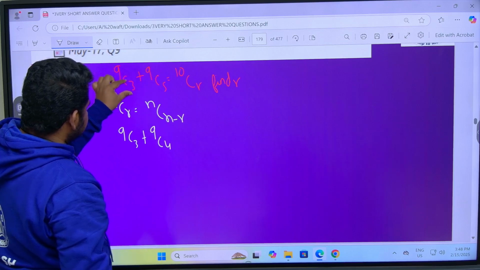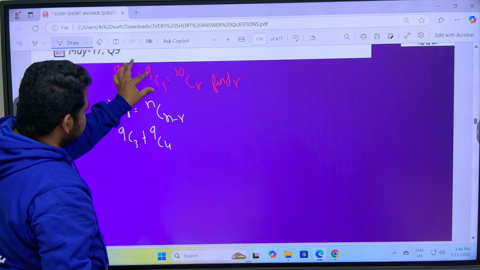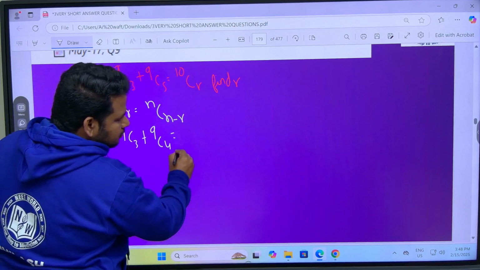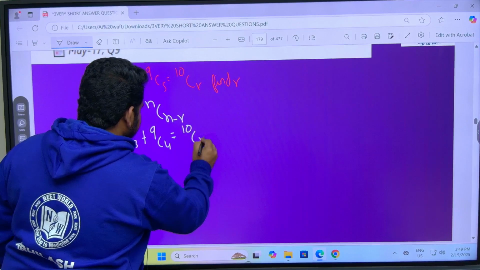If I make it nC(n minus R), this will become 9C6, and I don't want a bigger number. 9C3 is fine, and 9C4 will be equal to 10C4.